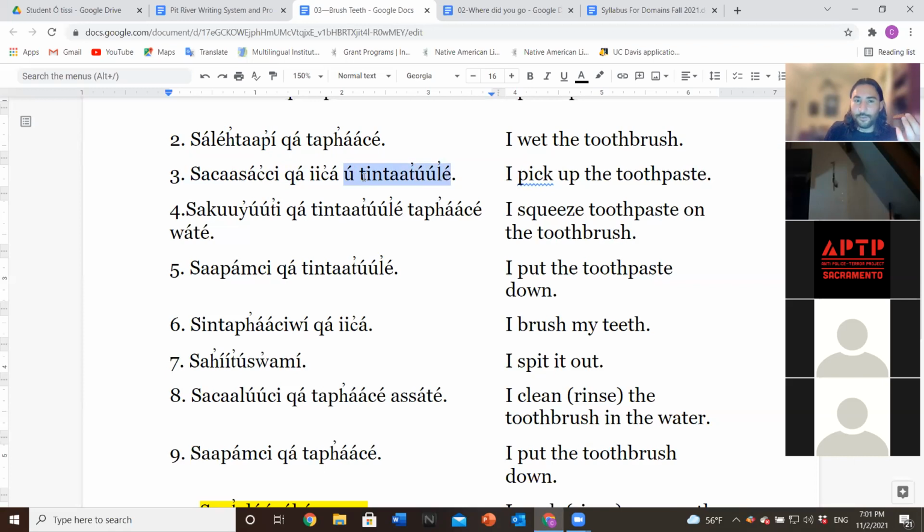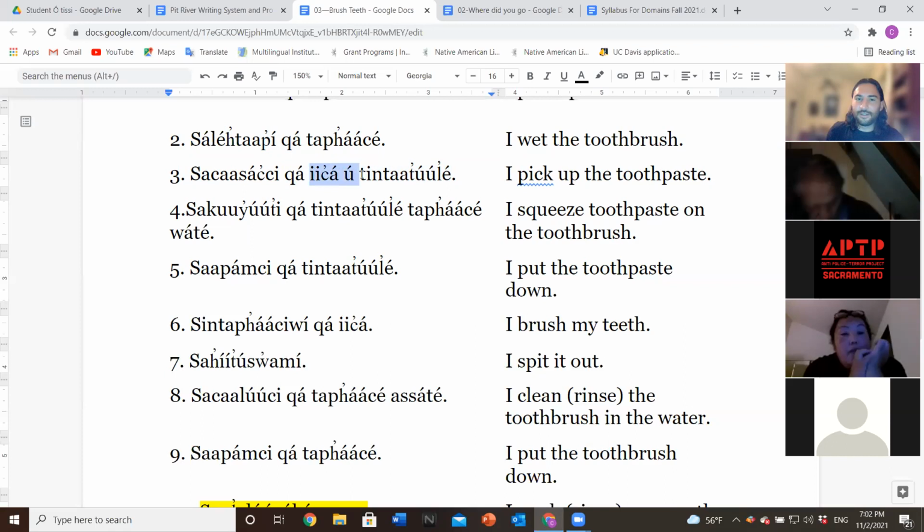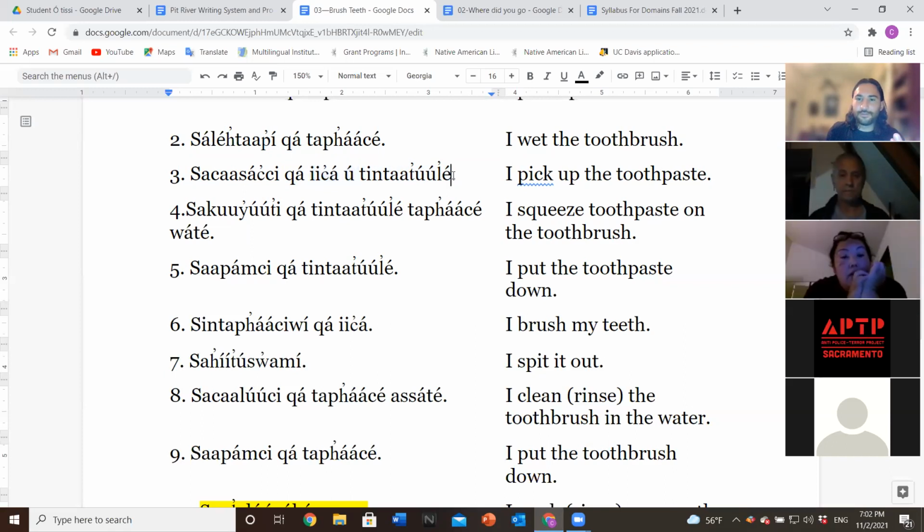So you remember this word from washing hands, Dinda Tule. It's kind of like soap, but it means the thing that I make suds with. And then I put teeth before it, Ita, right? So it's the tooth's suds, basically. Toothpaste.